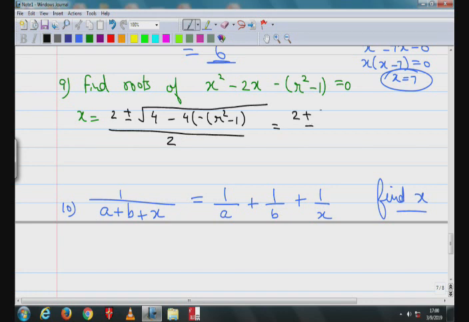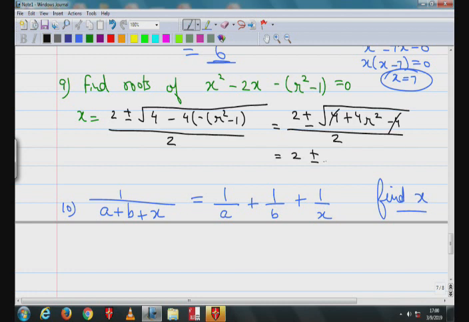That is equal to 2 plus minus square root of 4, and this minus will become plus, so 4 plus 4r square minus 4. This 2 will get cancelled out. So in the square root we will only get 4r square. Yes, Shillong, your answer is right.